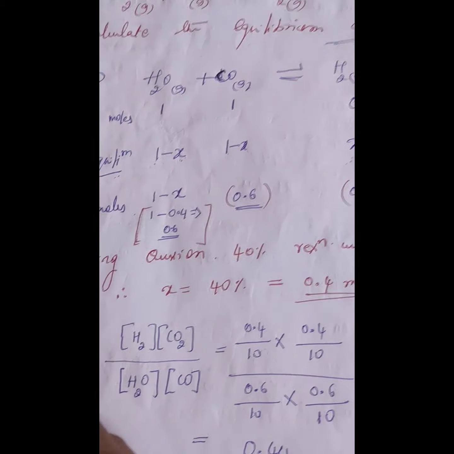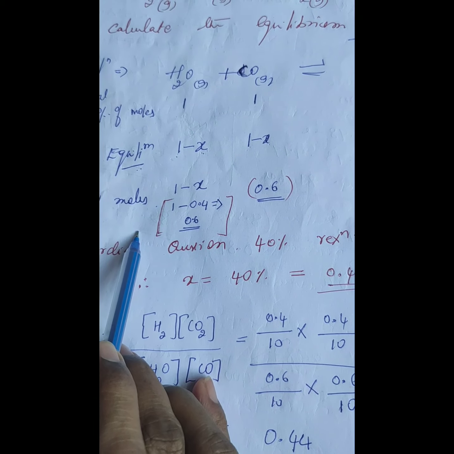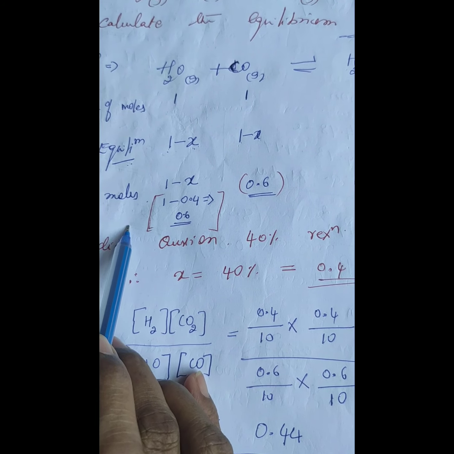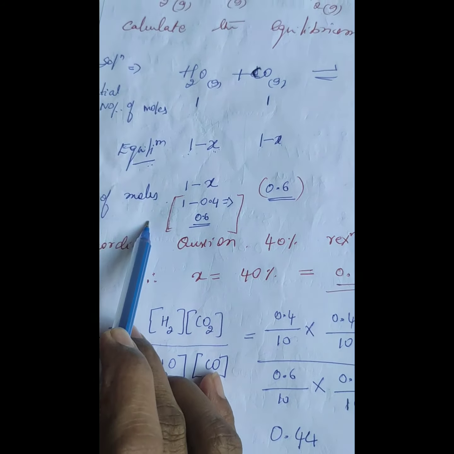Now you can calculate the number of moles. In order to calculate the number of moles, you have to consider the data given. What have they given? At equilibrium, 40% of water reacts with carbon monoxide. As I mentioned earlier, out of 100, 40 will be reacted.